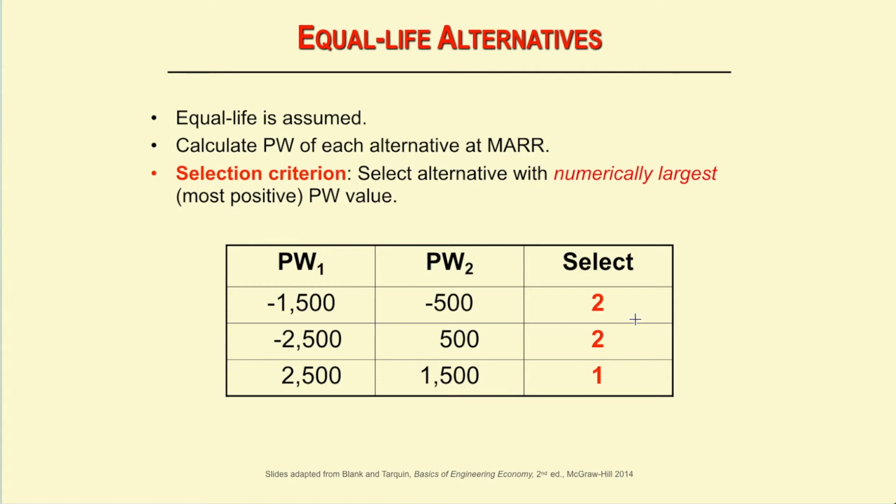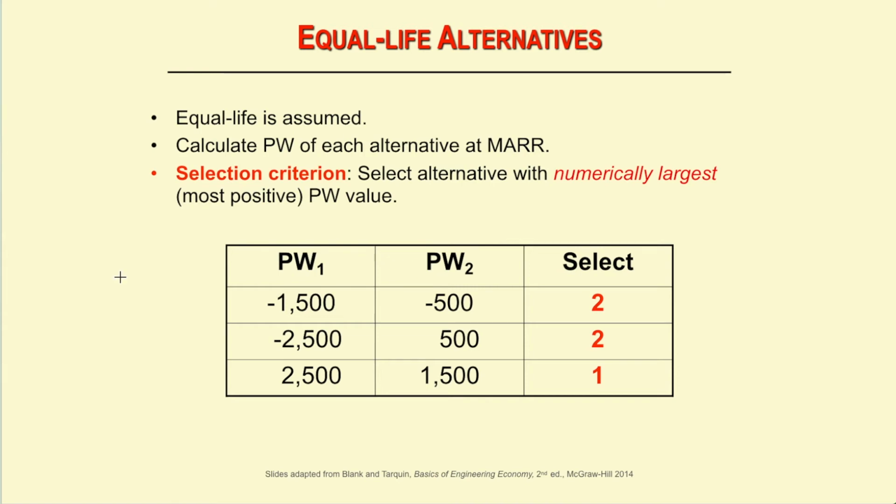In this case, the second alternative is selected because its present worth value is numerically larger than the present worth value of the first alternative. In other words, the present worth value of the second alternative is more positive than that of the first alternative.